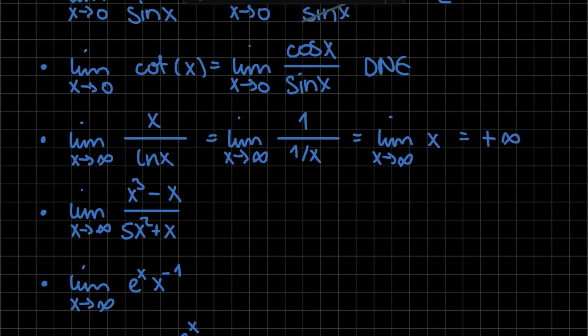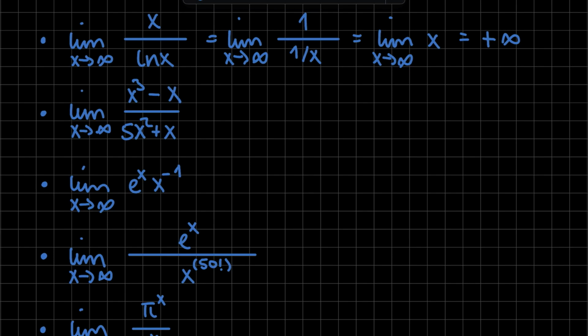Okay. We have the limit as x tends to infinity of x cubed minus x over 5x squared plus x. So before doing anything, we can immediately just simplify by an x, because we have an x in every single term.